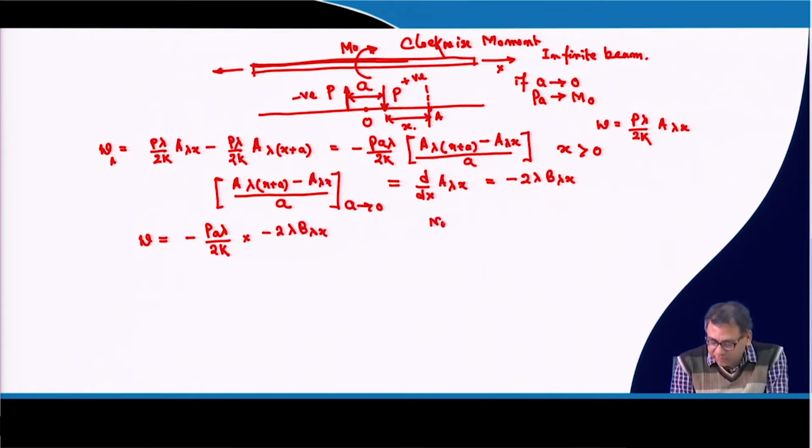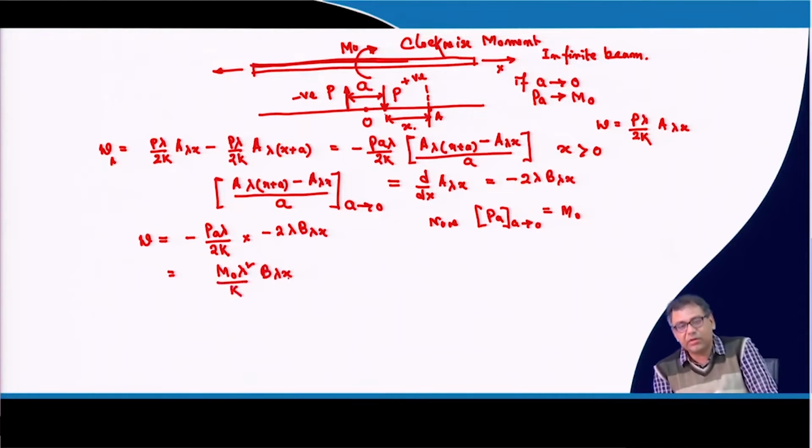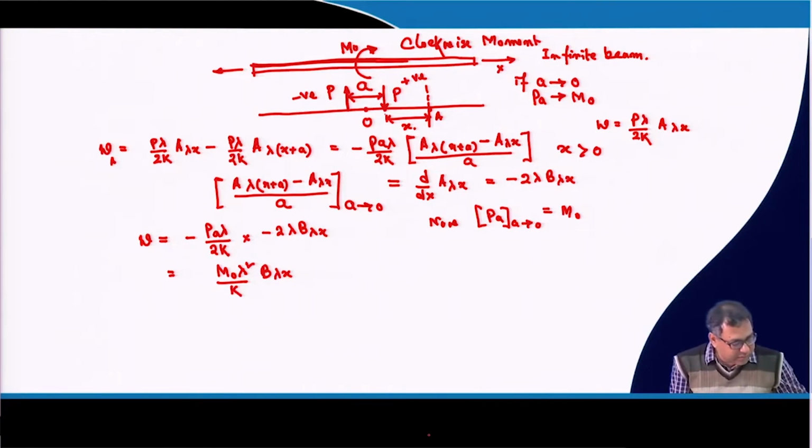Now, for P a, as a tends to 0, this will be equal to M0, as I mentioned. So the 2 will cancel out, and this will be M0 lambda squared divided by k, B lambda x. This is the equation of deflection for the concentrated clockwise moment on the right side.